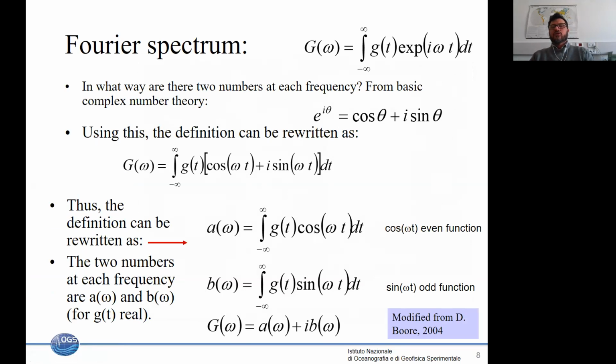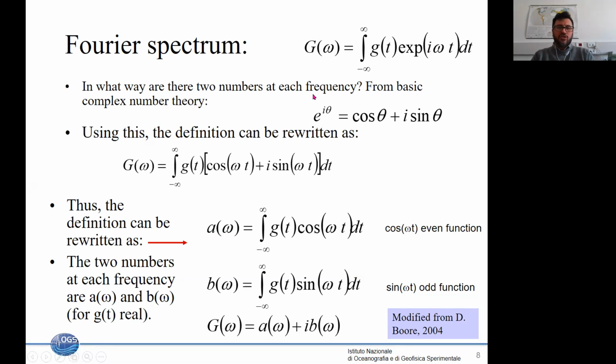So, of course, we can describe the Fourier spectrum in a bit less qualitative way. If you look at the expression on the top, g(t) can be our signal in the time domain, and the Fourier transform of this signal is just expressed through the integral of g(t) multiplied by the exponential term, e^(iωt), integrated over dt.